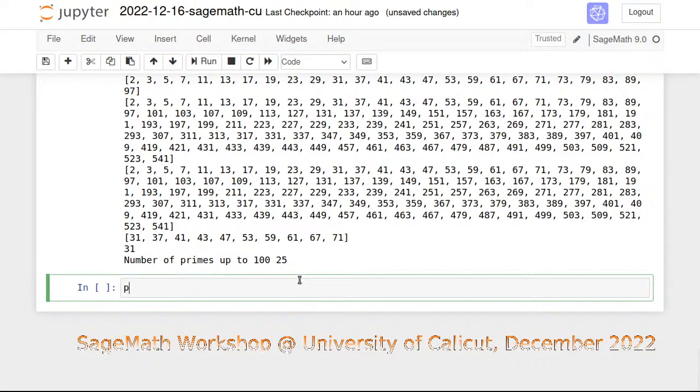So suppose that we take n to be equal to 100.